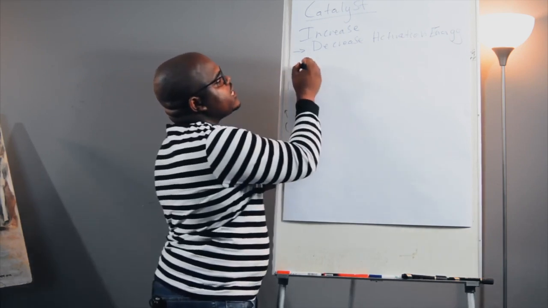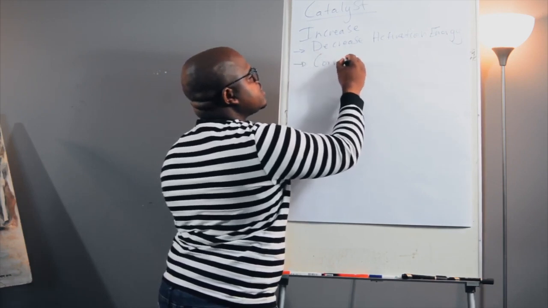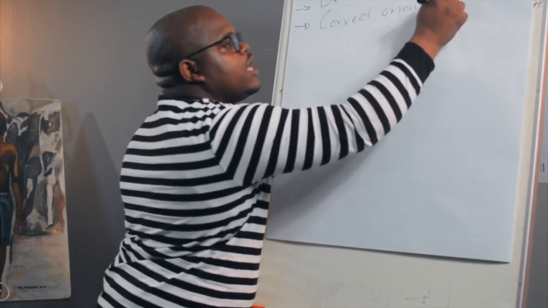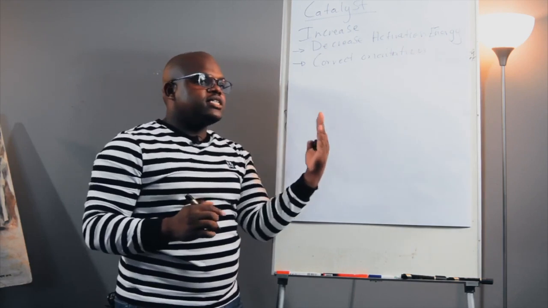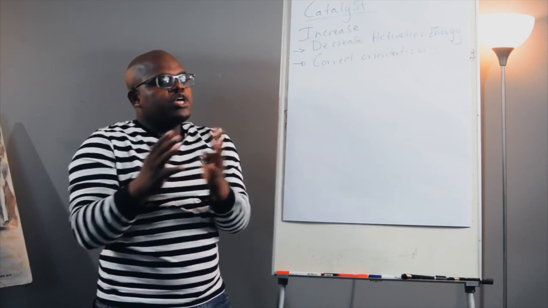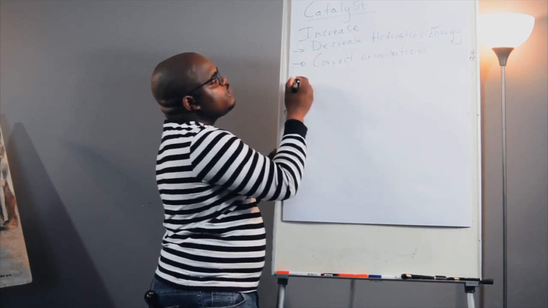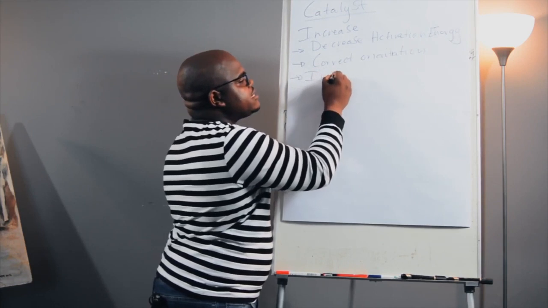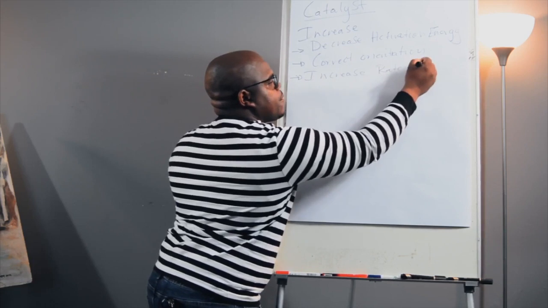So if I decrease the activation energy, there will be a correct orientation, okay? So a decrease in activation energy makes the reactants react faster. So if they react faster, there will be correct orientation. Therefore, if there's correct orientation, there will be an increase in rate of reaction.